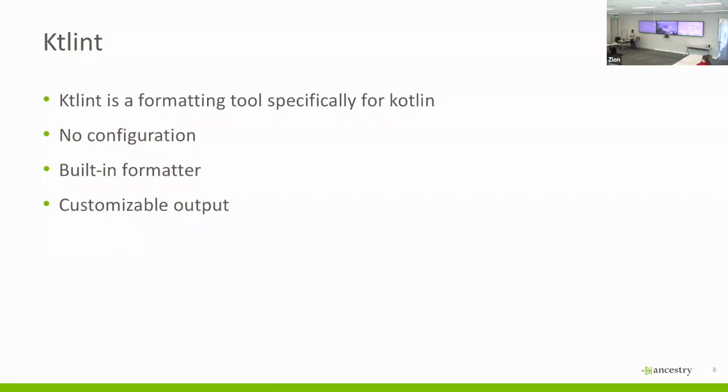So you don't have to go and specify, for instance, what the indentation should be or what the spacing should be. That's all taken care of by KT-lint. And customizable output. So once you run KT-lint, the output generated can be customized in XML or HTML formats. I'll show you screenshots of what it looks like in the next slides.